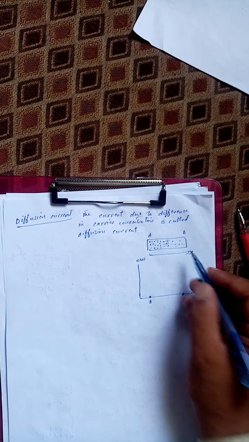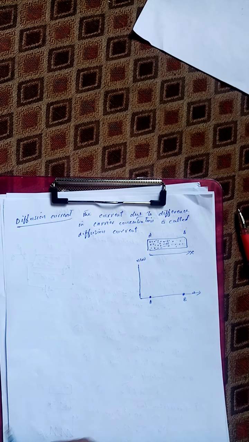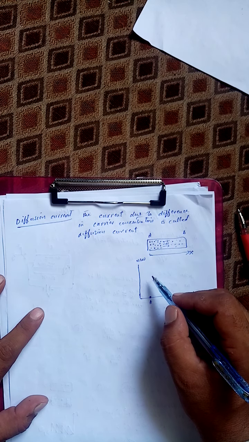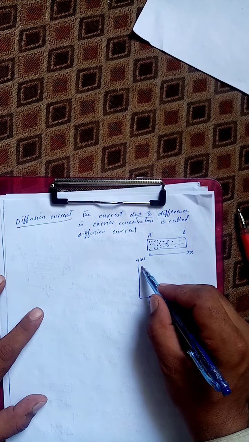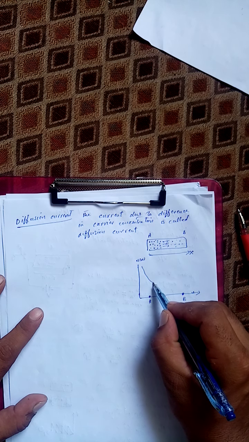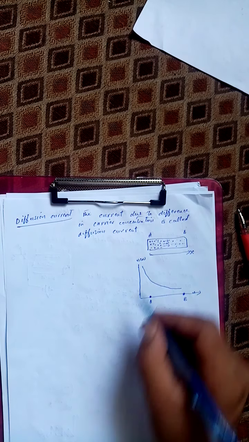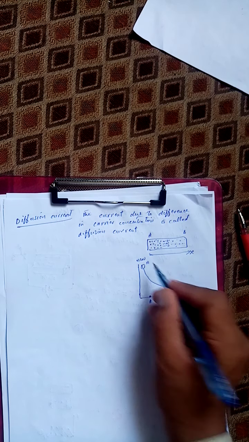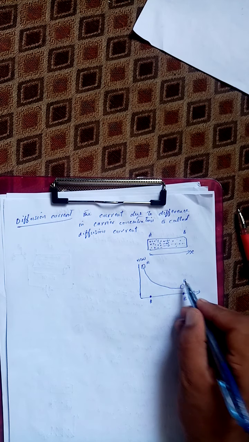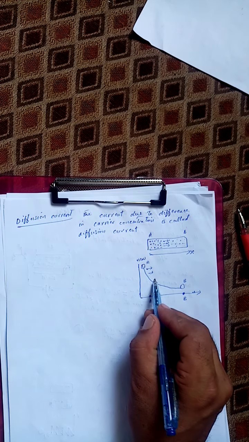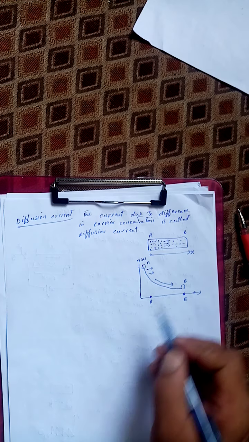At X equal to B, the concentration is lower. So what does it mean? It means that electrons will move from higher concentration to lower concentration. So we have a situation like this. This is point A and this is point B. So electrons always move in this way. This is X.